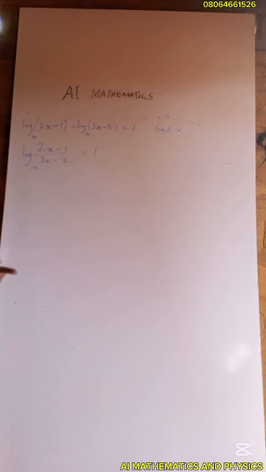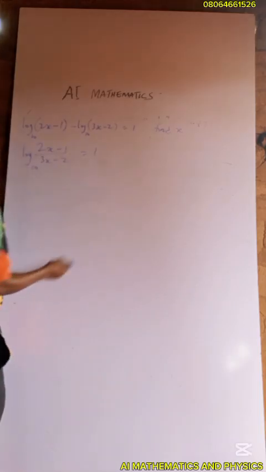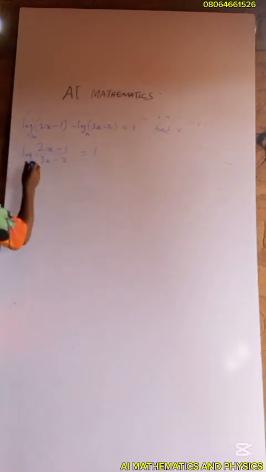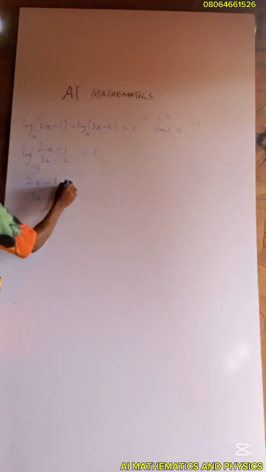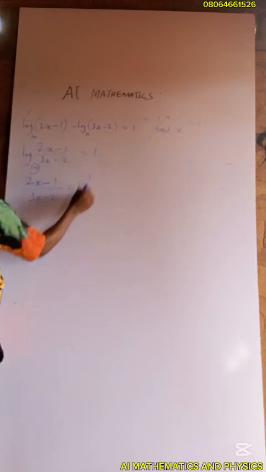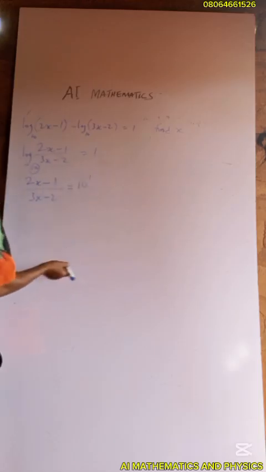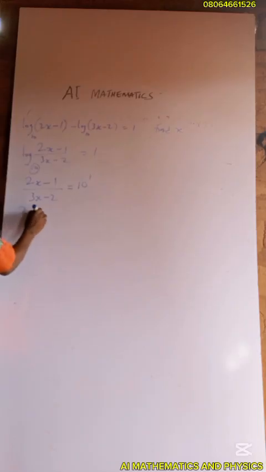If you remember, to convert this log form to index form, that will be 2x minus 1 over 3x minus 2 equal to 10 raised to power 1. That's 10.